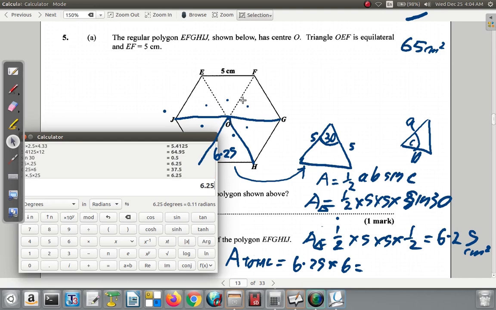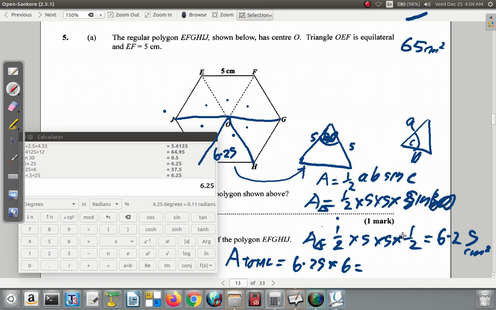Let's see what's happening here. 60 was our angle, not 30. It's 360 divided by 6, right? My memory wasn't right a while ago. It would be 60 degrees, sine 60.